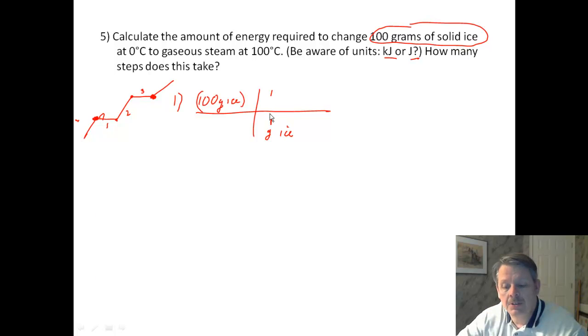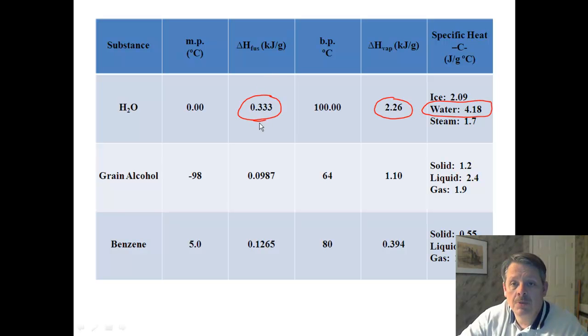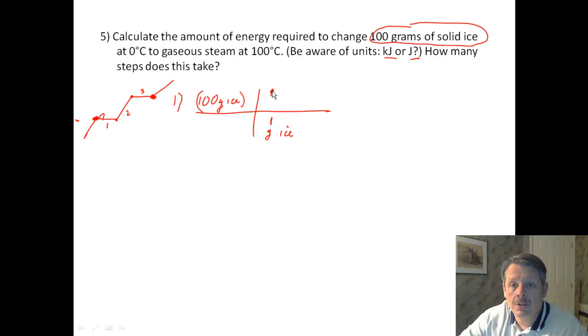Well, that was this 0.333 thing. Notice it's kilojoules per gram. 0.333 kilojoules for 1 gram. All right, that's going to be our first number. I'll do that in a minute.